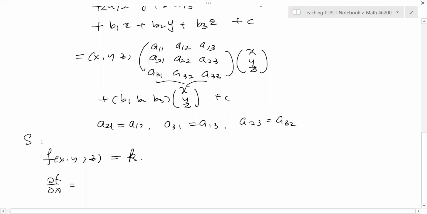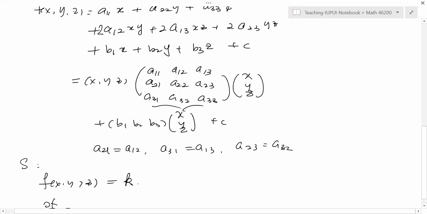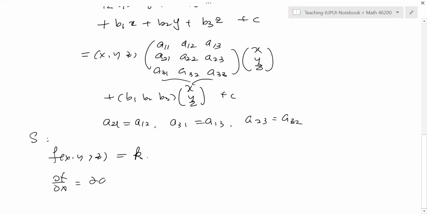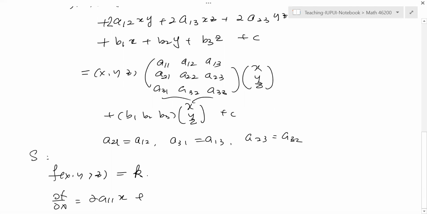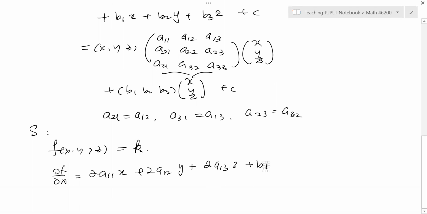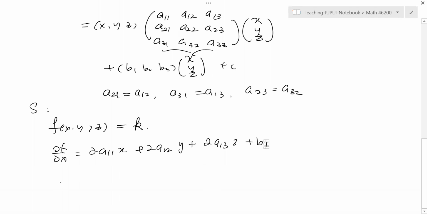So we calculate the derivative. A11 x, any other terms involved? Yes, A12 y, A13 z, and then plus b1. So you get the linear equations.